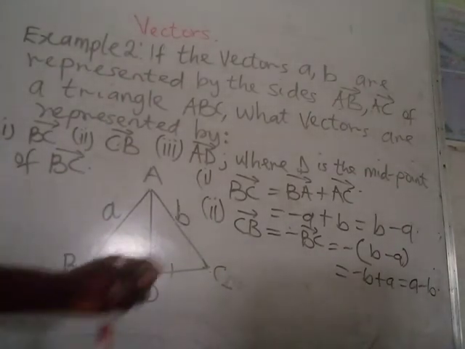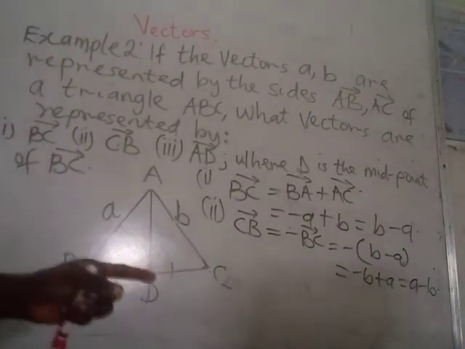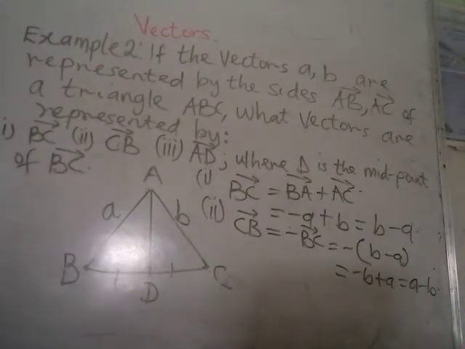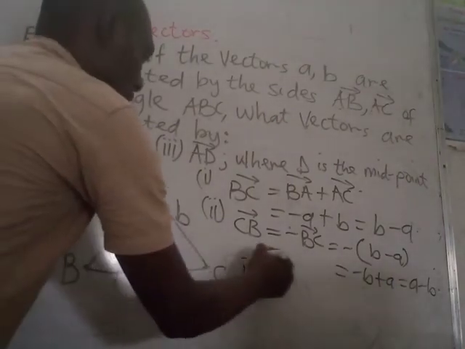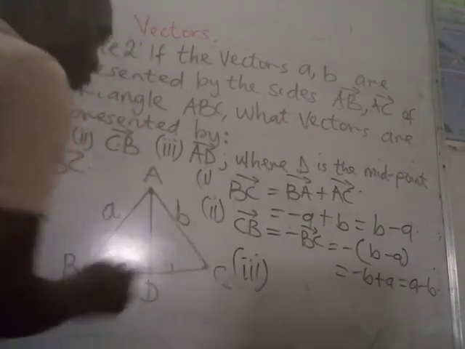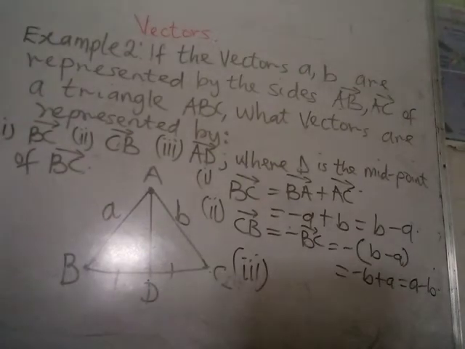The next thing they ask us to look for is AD, where AD is the midpoint of BC. Now this is what I want to do. I am at point A, I am going to D. How do I get to D?